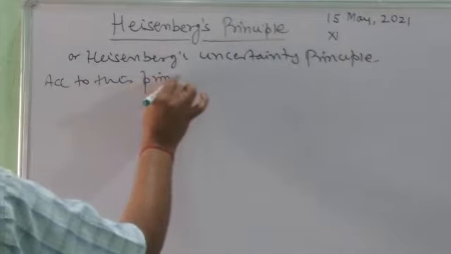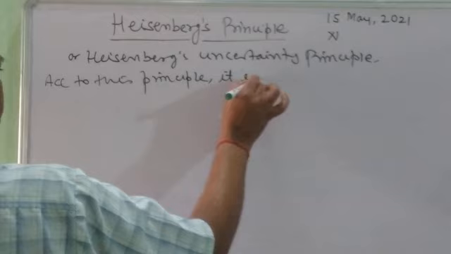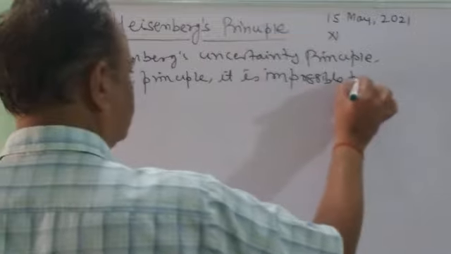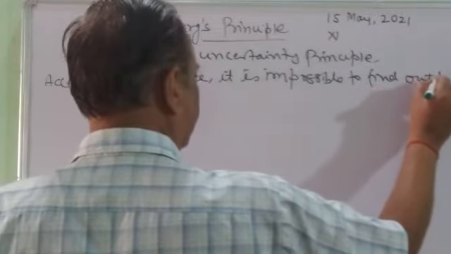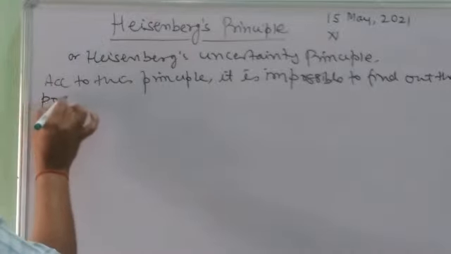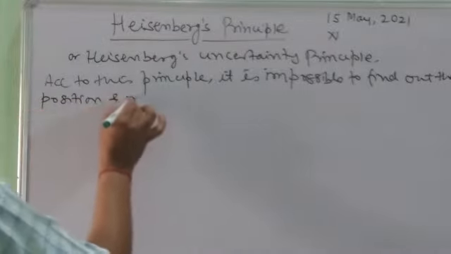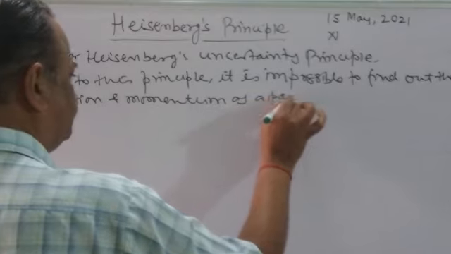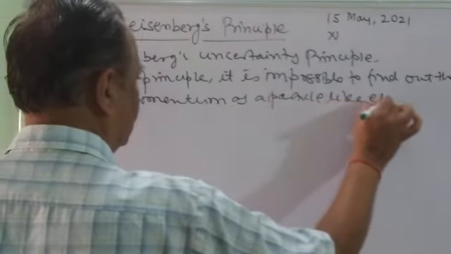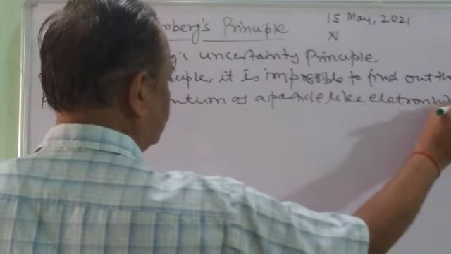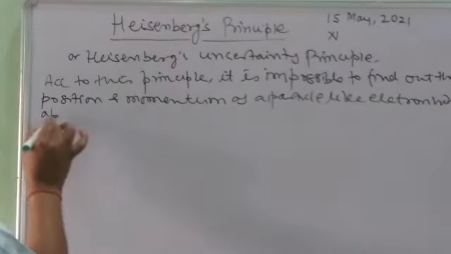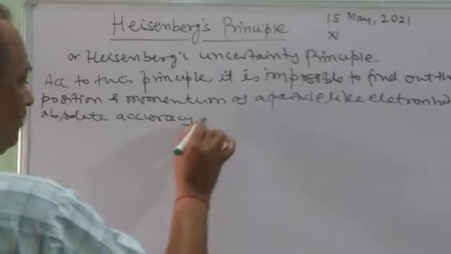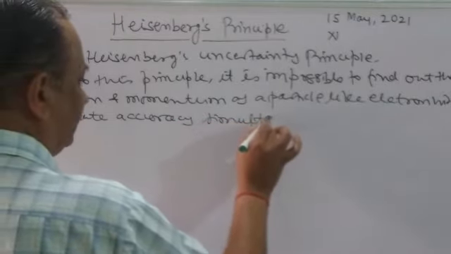See how. So, according to this principle, it is impossible to find out the position and momentum of a particle like an electron with absolute accuracy simultaneously.